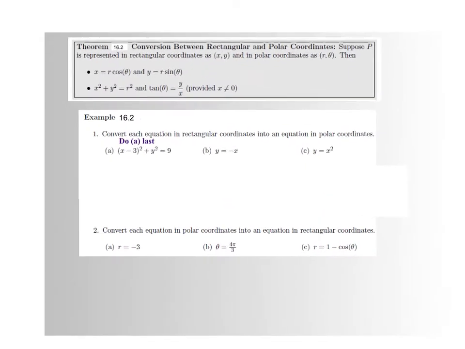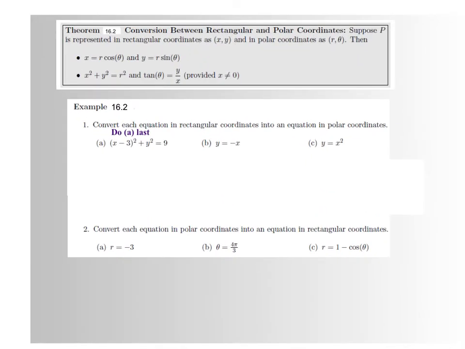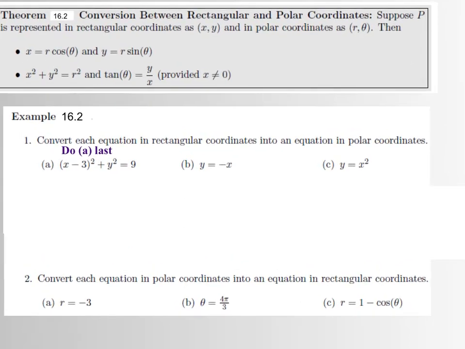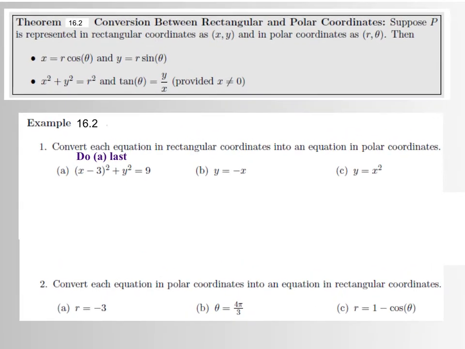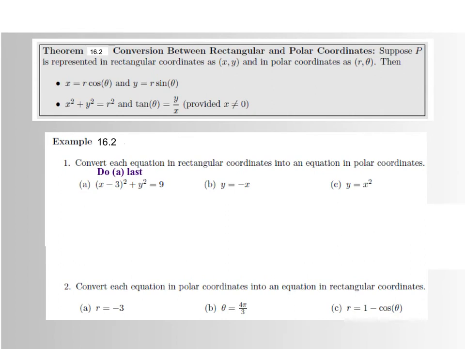Today, we are going to change these guys. Take a look. We've got equations in terms of x and y, and we're going to change them into polar. And at the bottom, we're going to change polar to rectangular. Okay, so I see that in purple it says do A last, which means it's probably not good. So let's go straight to B. Notice we've got a little key up here: x equals r cosine theta, y equals r sine theta.